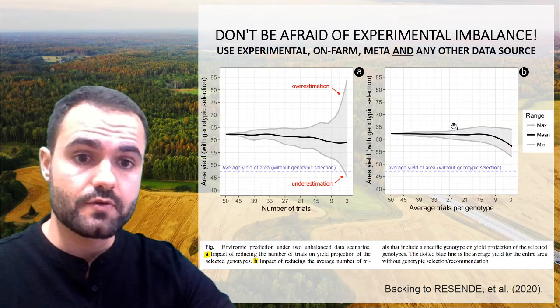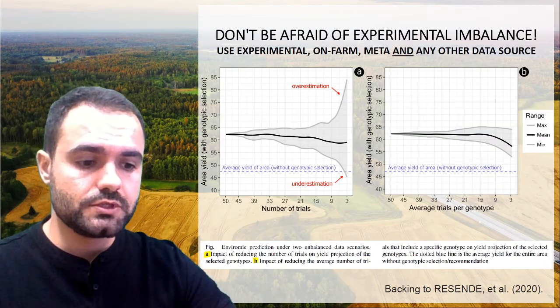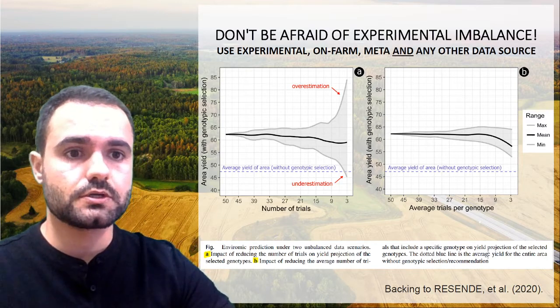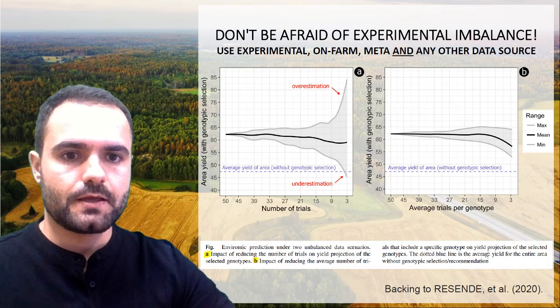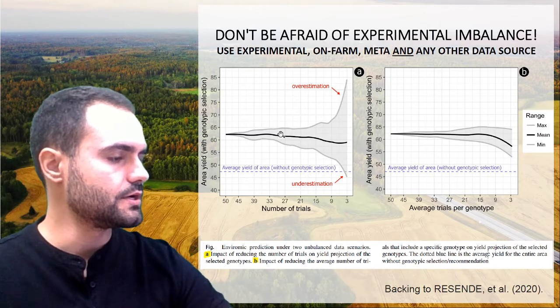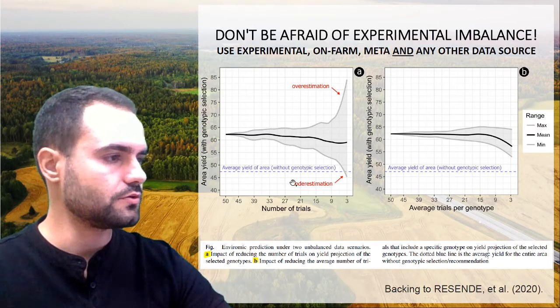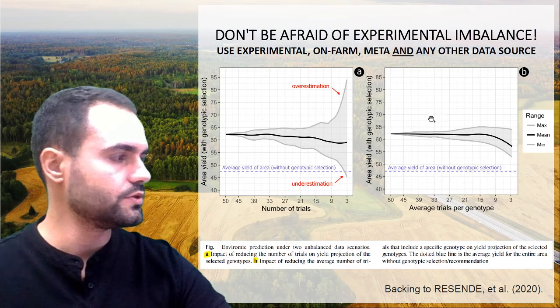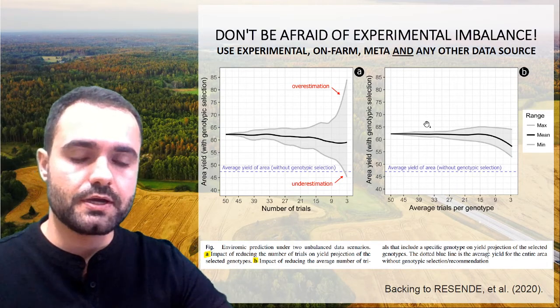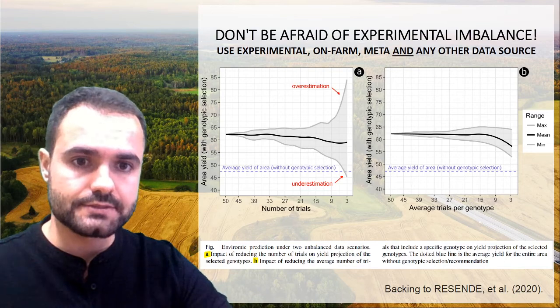This result is very interesting because we do not have to worry about imbalance on genotypes. For example, here we have the reduction of the number of experiments, and here we have the reduction of the genotypic balance.